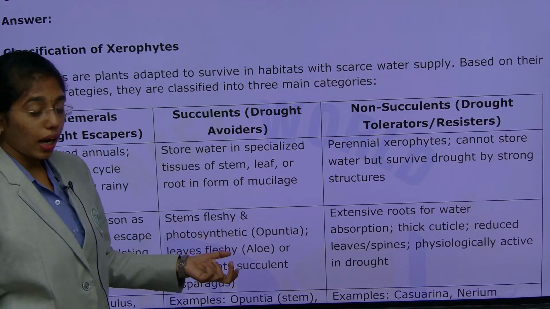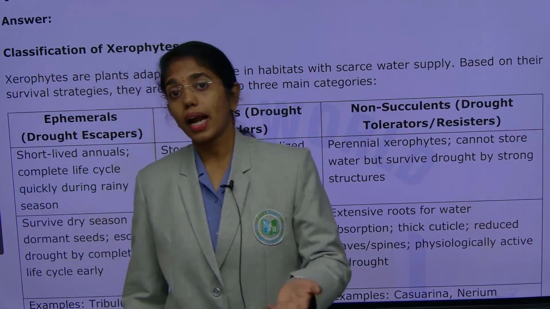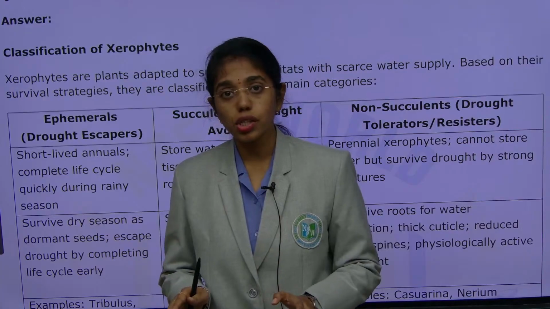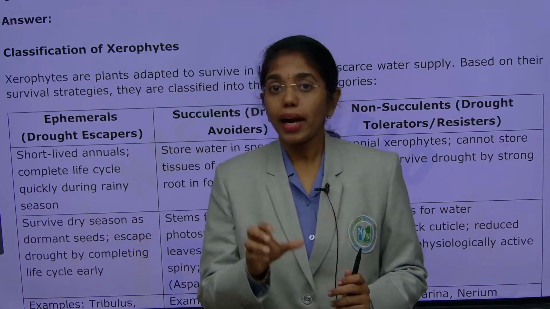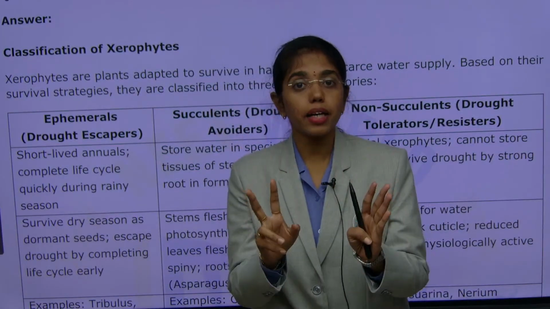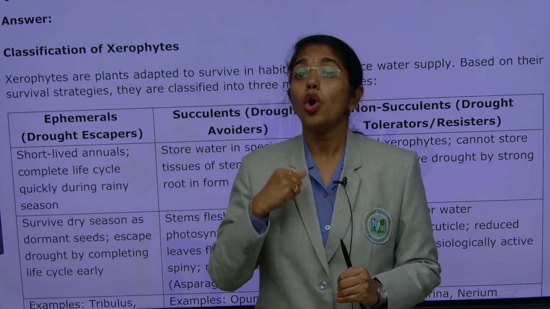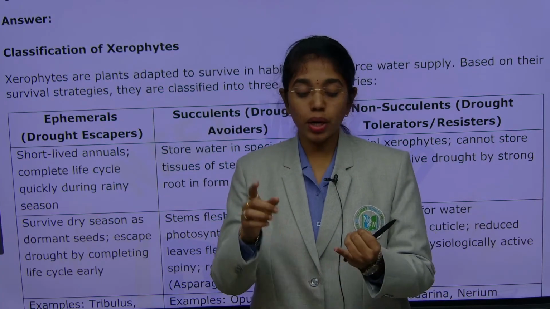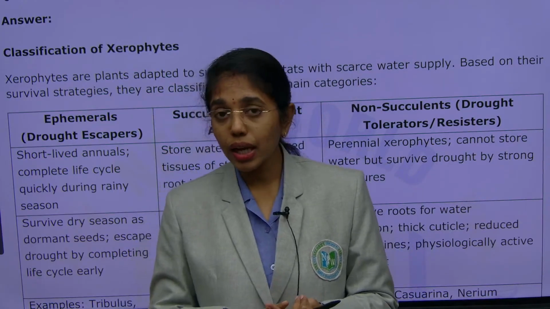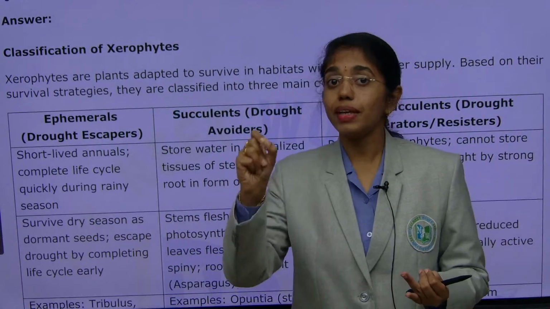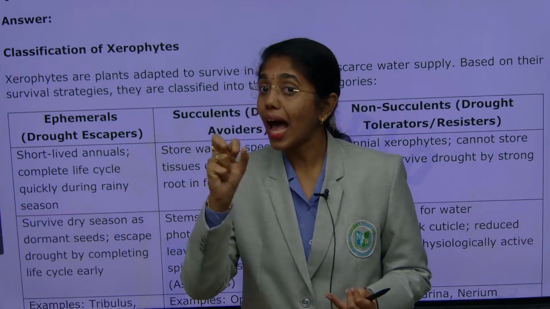Whenever questions, be it long answer or short answer type, ask you for a comparative analysis or the differences, remember to give the comparative analysis in tabulated form, because tabulated form will make your answer more accurate.